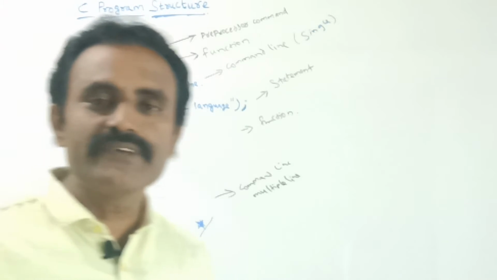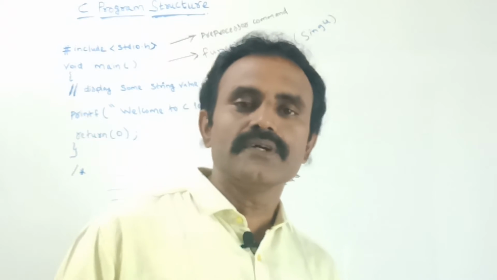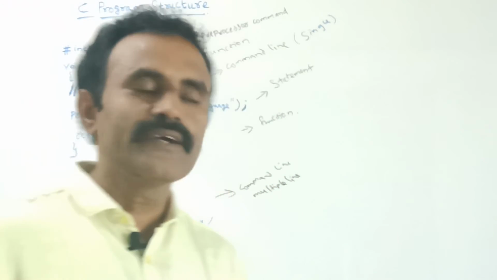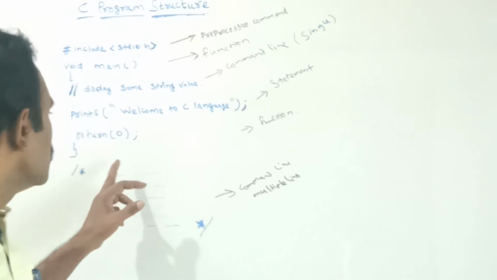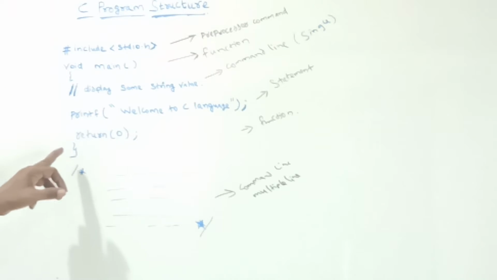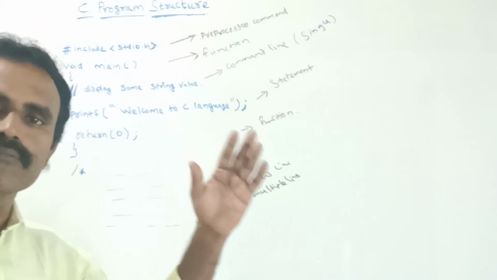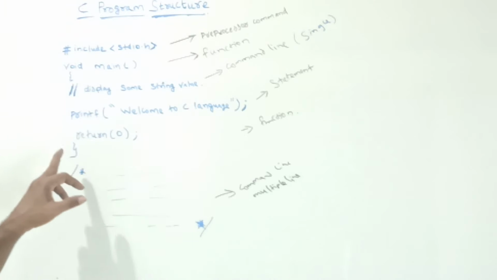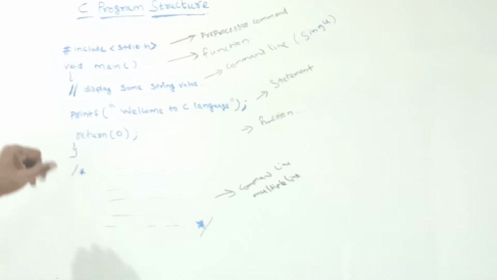Next one, return 0. After completing every processing, to terminate from our source code and return back, we are using return 0. After this return 0, it shows the end of the program. Next one, the closing brace.